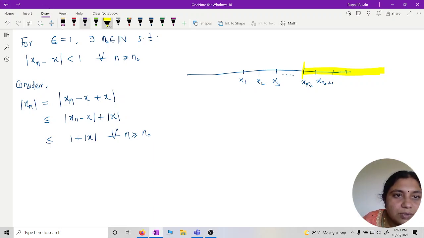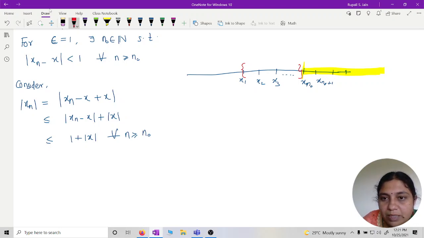Only the problem is with the remaining points; I want a real number which will bound them. Only this many remain.